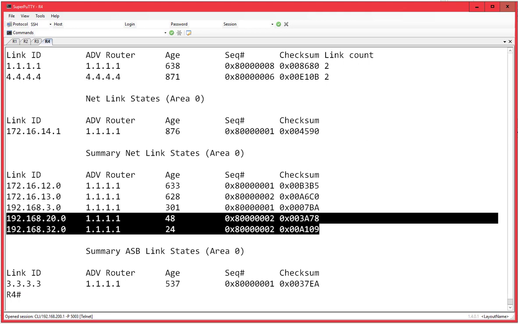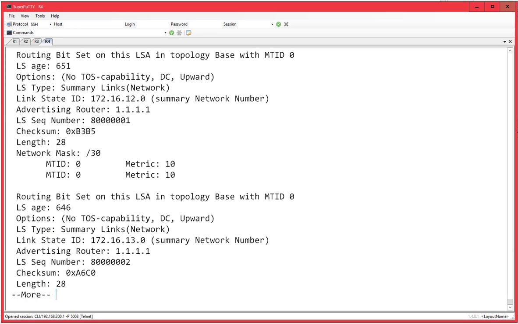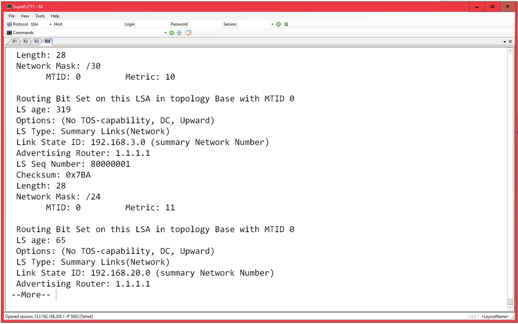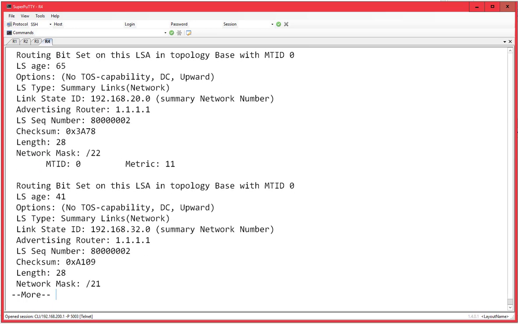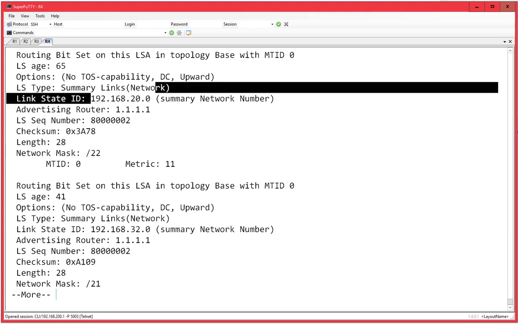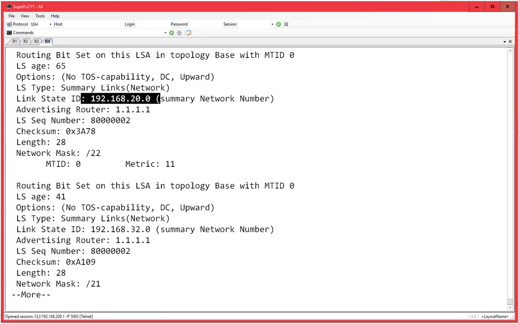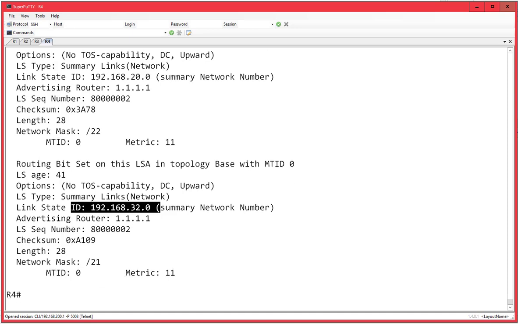And if we drill down, show IP OSPF database summary, we can actually see the prefixes that are being advertised as part of those networks. So there's my /22 for the 20 subnet, and there's my /21 for the 32 subnet. Okay?